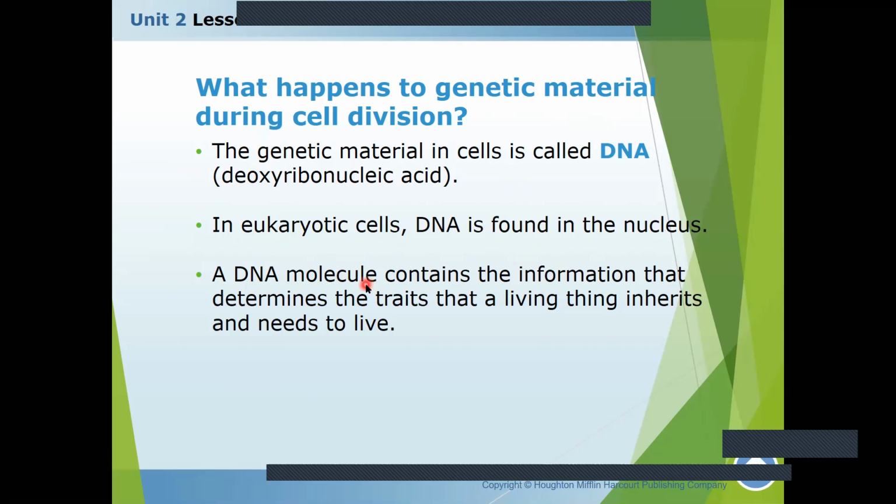A DNA molecule contains the information that determines the traits that a living thing inherits and needs to live. Traits means things like the color you get from your dad or your grandmother, the inherited genetic things that come from your grandparents or forefathers. That is contained in the DNA. Inherits means what comes from the parents, and needs to live.